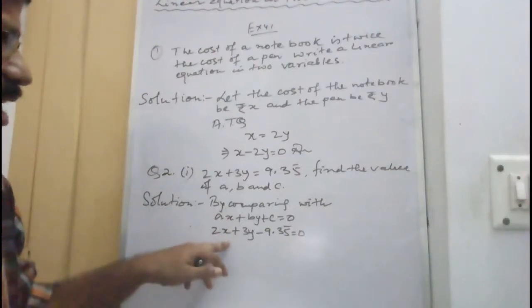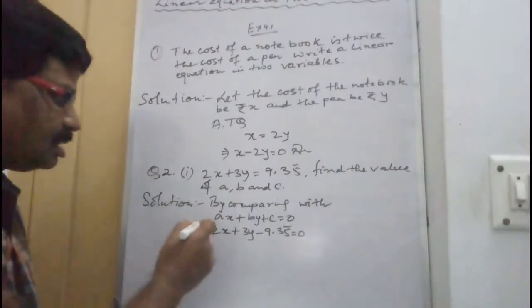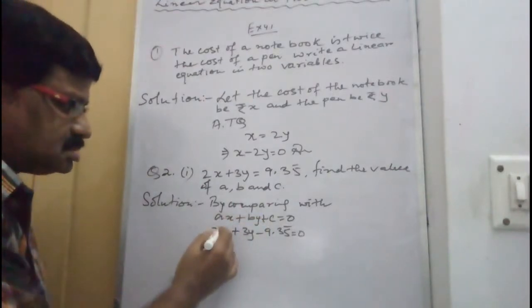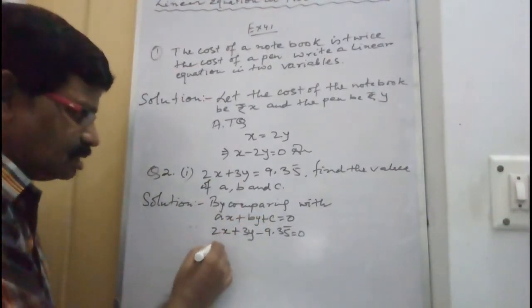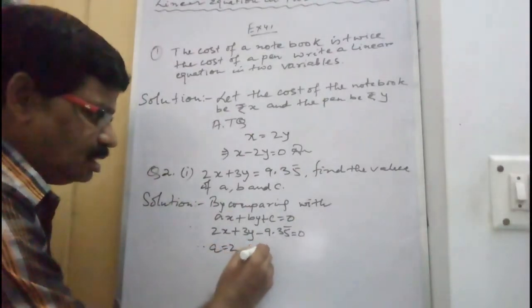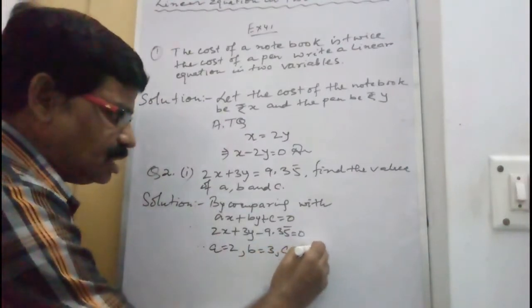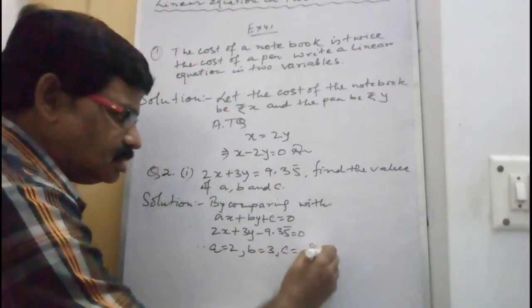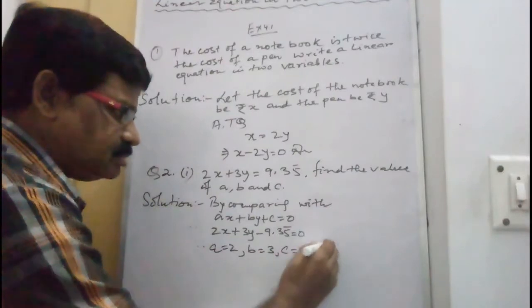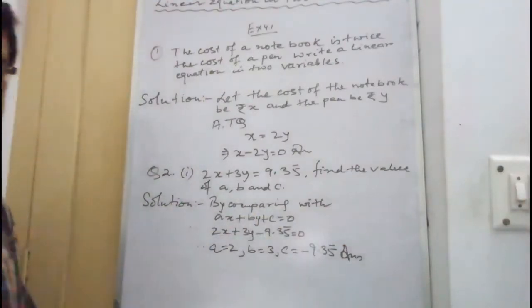Now here you have to find the value of a, b and c by comparing with this one. Therefore a equal to 2, b equal to 3, c equal to minus 9.35. This one is the answer.